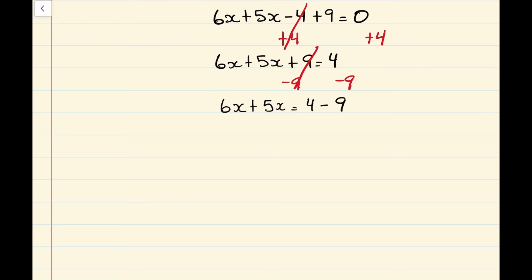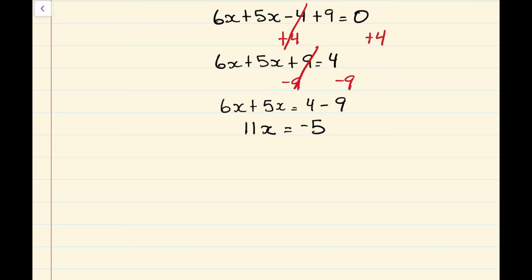Okay guys, so now we're just going to continue to solve the equation. We know that 6x plus 5x is just going to give us 11x. And we also know that 4 minus 9 is just negative 5.